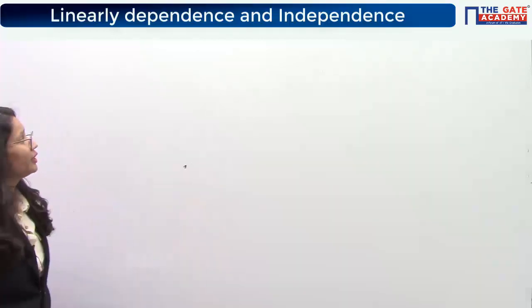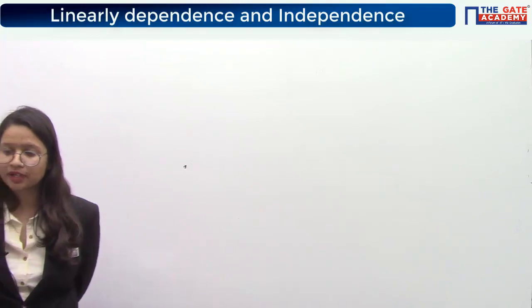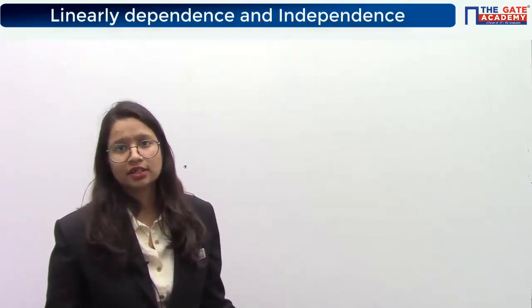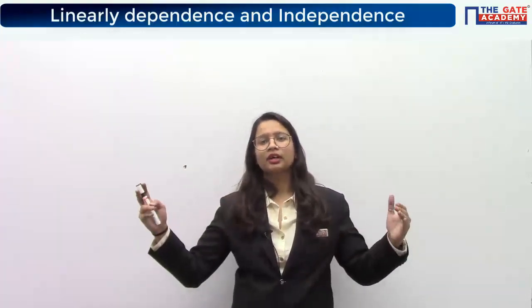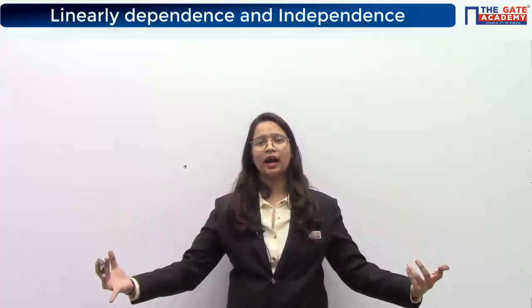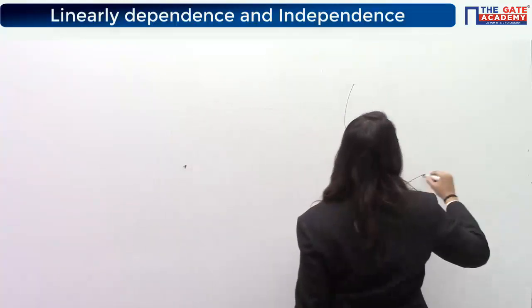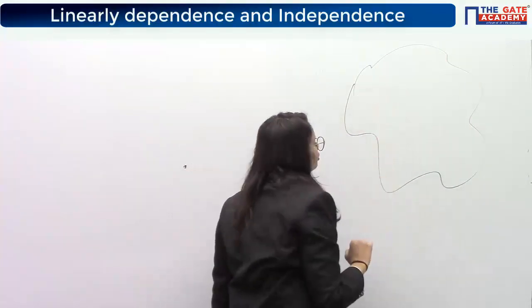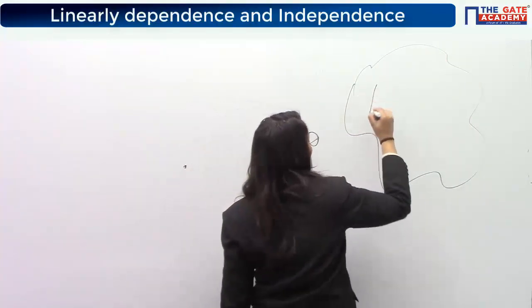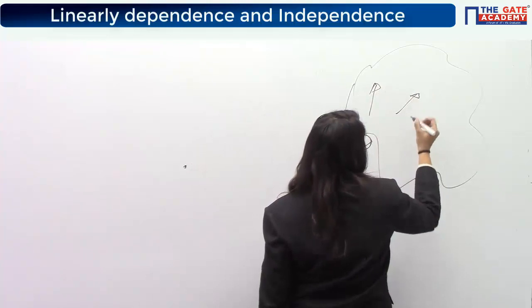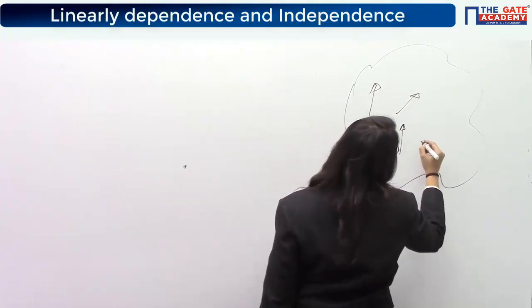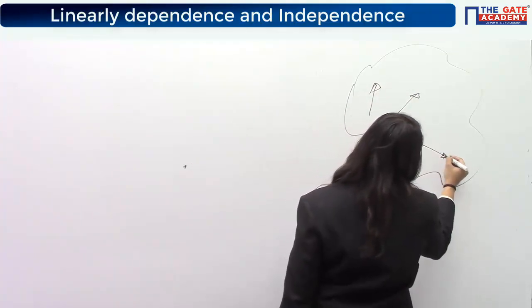So vector space, you can see the definition, a space consisting of a group of vectors. So there is a space in which there are a lot of vectors. The combination of all those vectors in a particular region or volume or area is nothing but a vector space. So if I draw a random space like this, let's say this is a 2D space, and there are some random vectors like this.